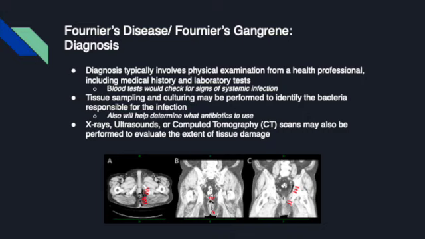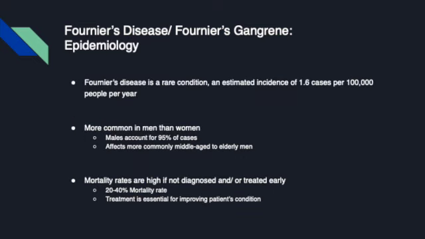Fournier disease is typically a rare condition with an estimated incidence of 1.6 cases per 100,000 per year. It is more common in men than women, with men accounting for about 95% of cases. The condition mostly affects middle-aged to elderly men.